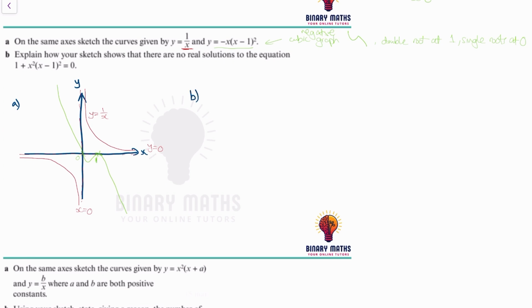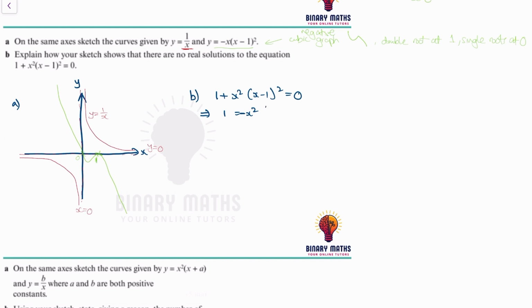Part B. Explain how your sketch shows that there are no real solutions to the equation 1 plus x squared times x minus 1 squared is equal to 0. It's the same thing as solving 1 is equal to negative x squared times x minus 1 squared, if I take the second term to the other side.